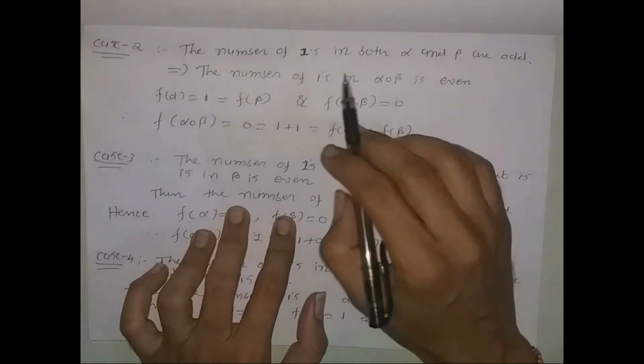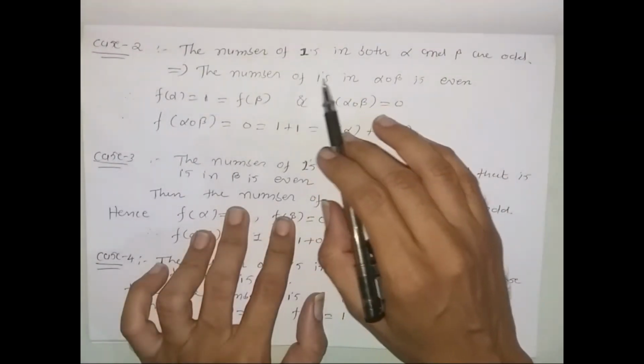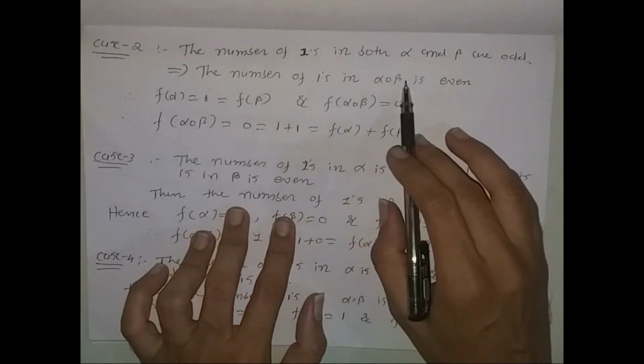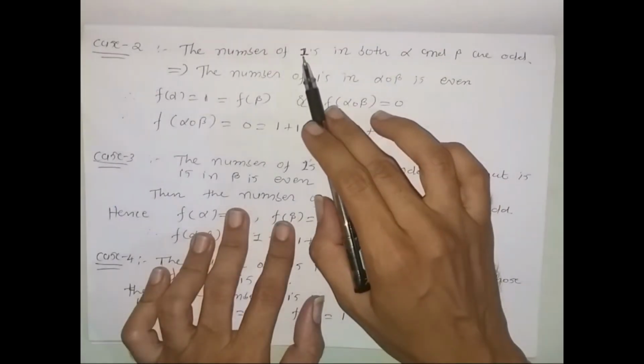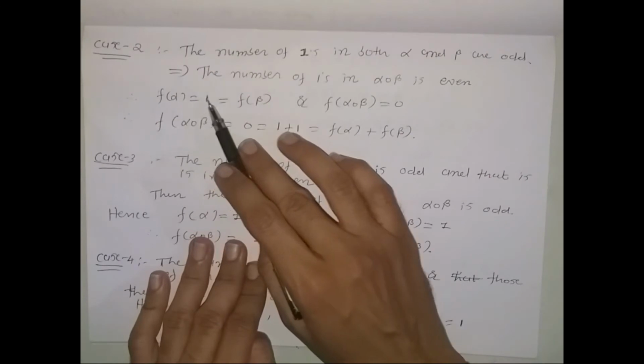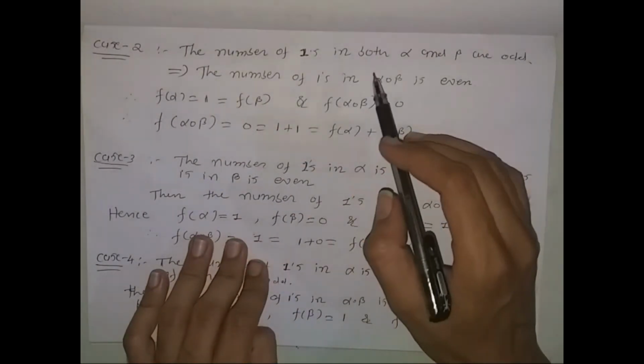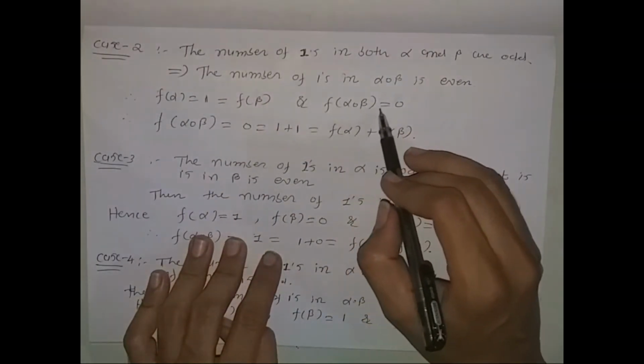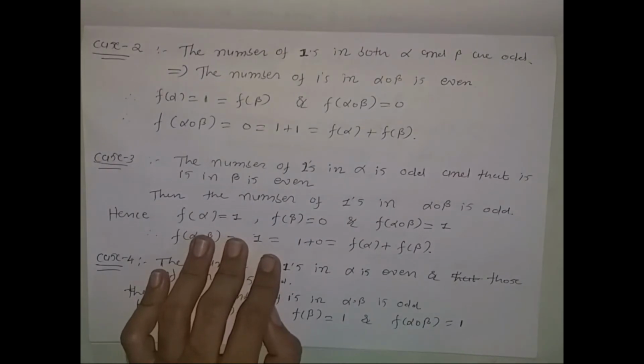Now the numbers of ones in alpha and beta are odd, so f of alpha is equal to 1 is equal to f of beta, and f of alpha catenation beta is equal to 0.